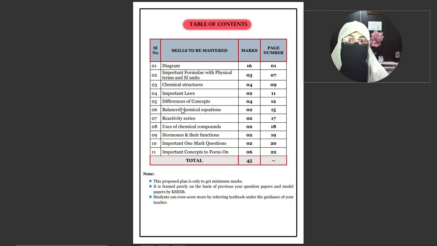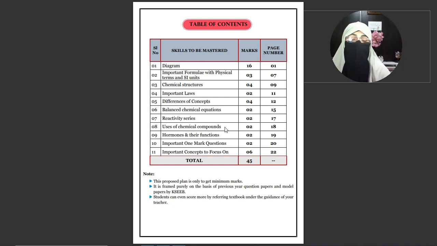Okay, and the balancing of chemical equations, a very important thing. Then the reactivity series, which is given in the metals and non-metals chapter, so that you need to remember. Then uses of chemical compounds such as bleaching powder, baking powder, POP, all these things. So the uses of them.